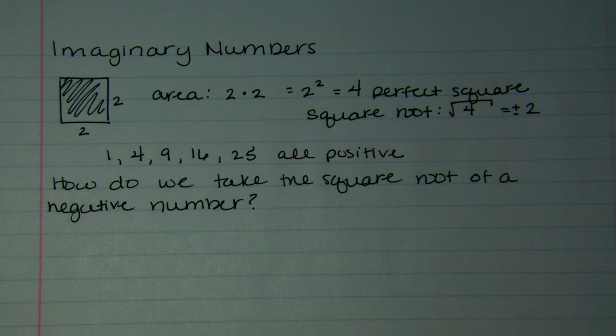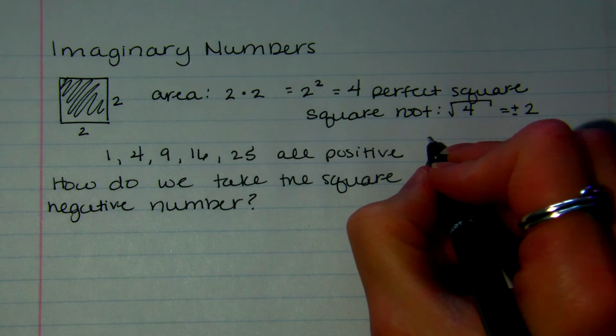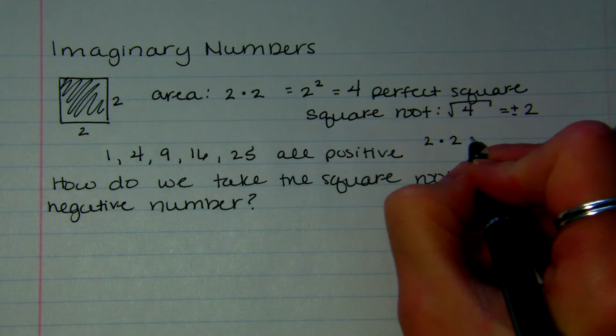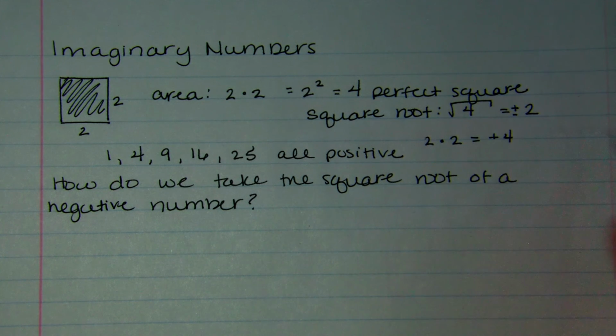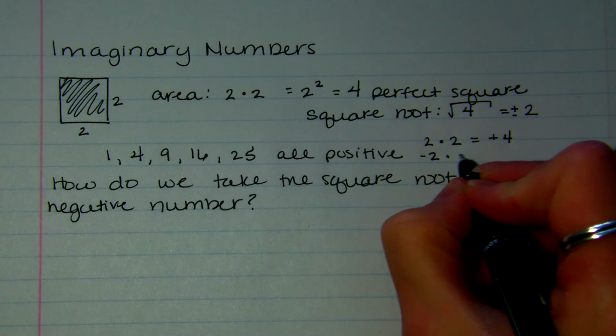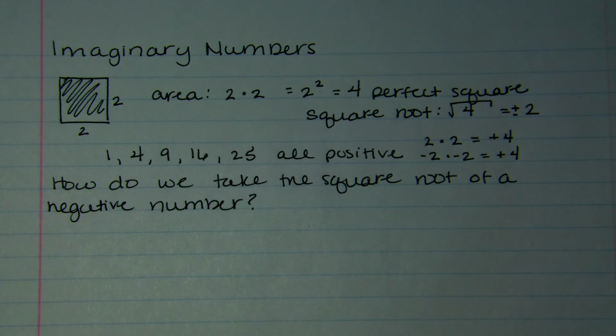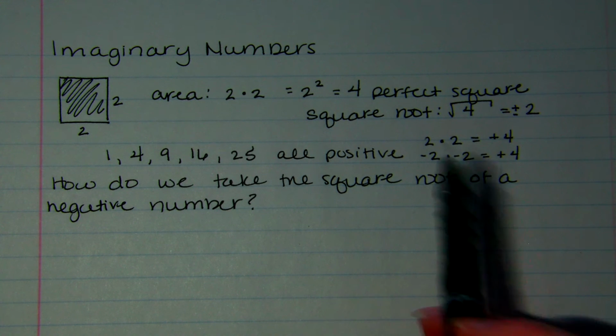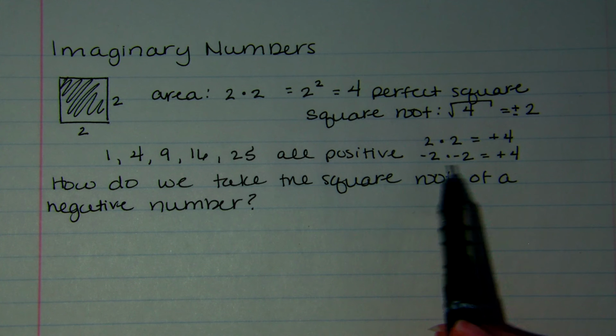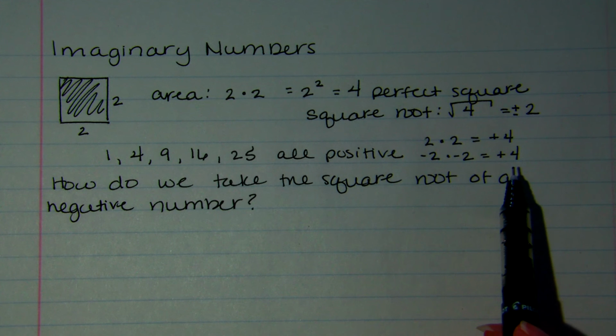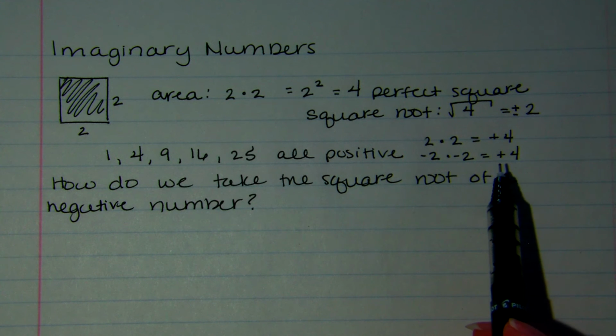And the reason for that is that a positive number times a positive number is positive, and a negative number times a negative number is positive. So no matter what you're doing, if you're multiplying the same number by itself, negative 2 times negative 2, you're going to get something positive.